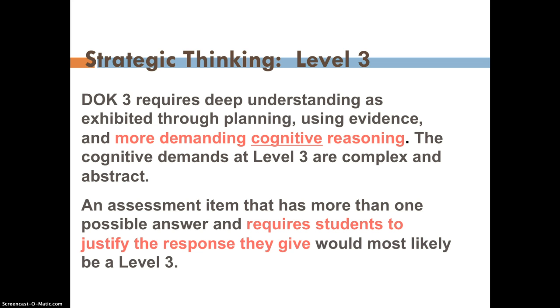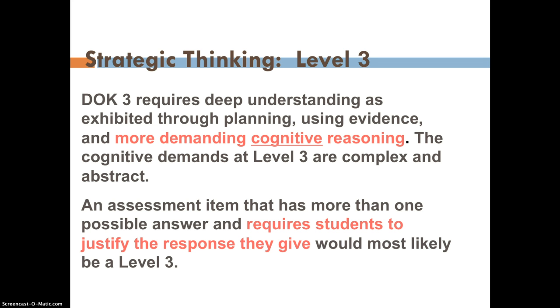This particular level, strategic thinking, goes beyond what we certainly are doing in many of our classrooms. DOK 3 requires deep understanding. This is a much more demanding cognitive reasoning for students. And an assessment item, even if it's multiple choice, might have more than one possible answer.